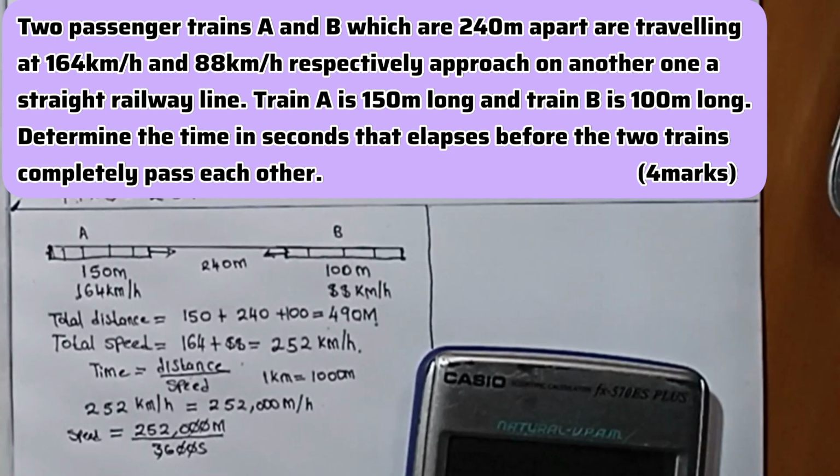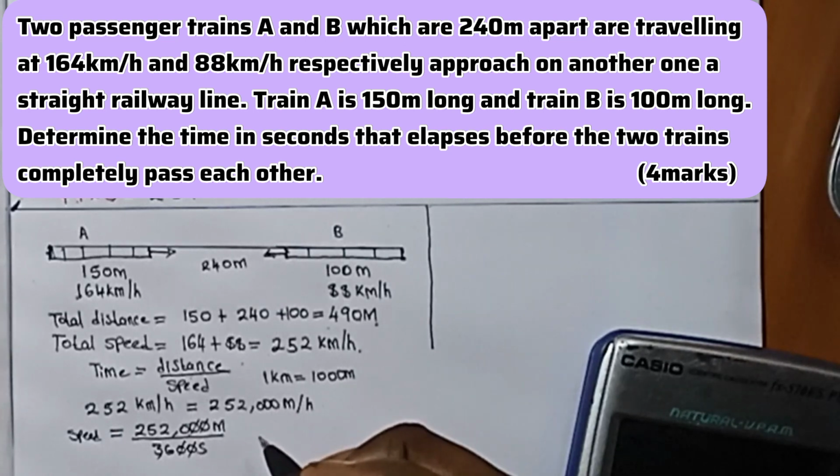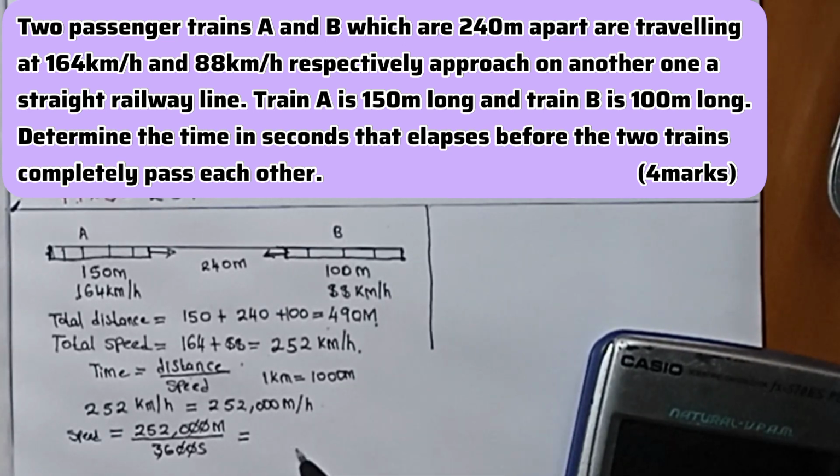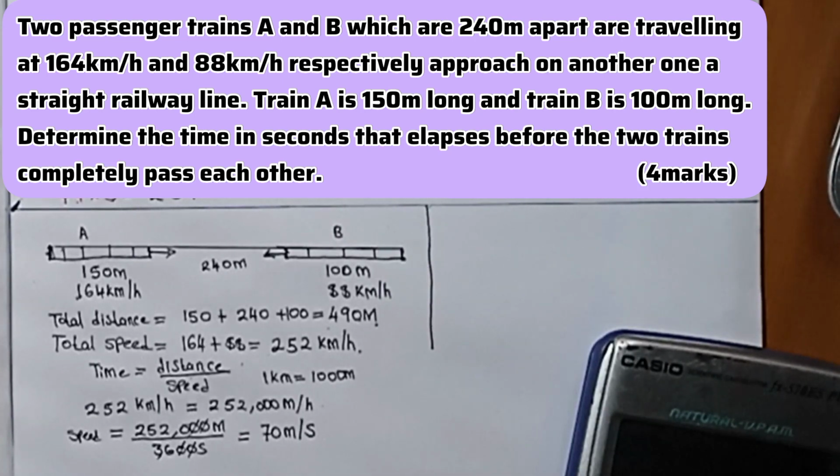Divided by 36, we are going to have 70 meters per second.